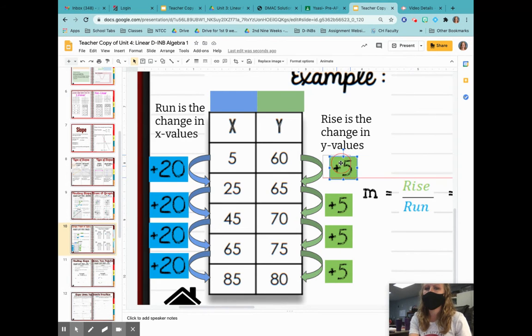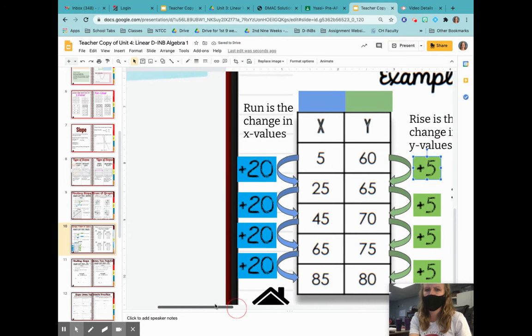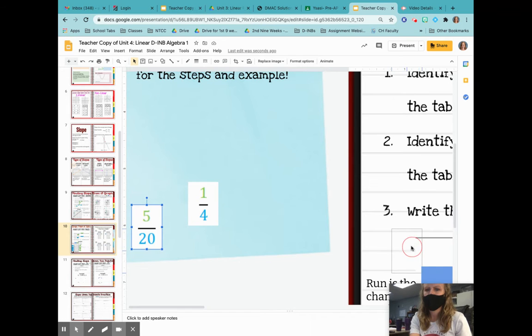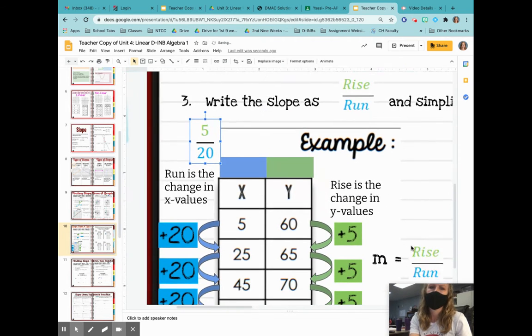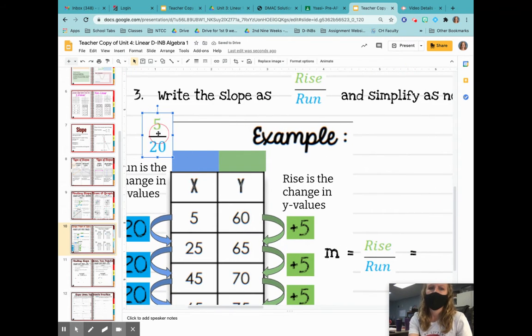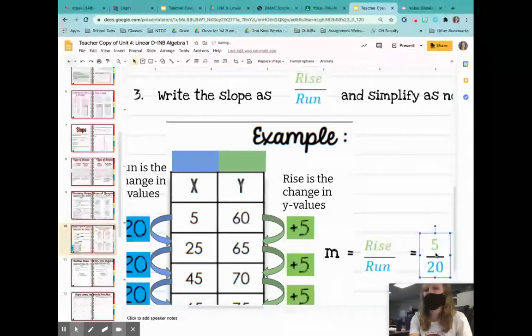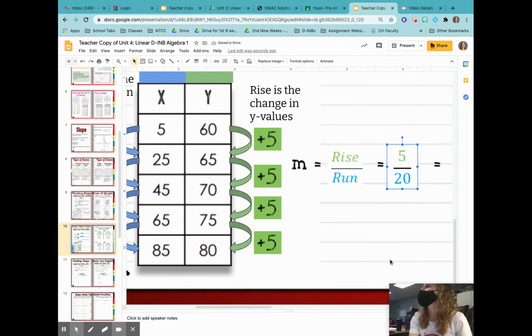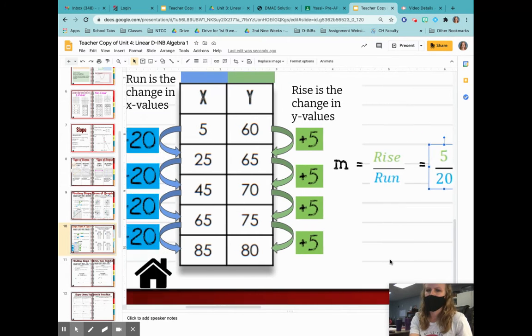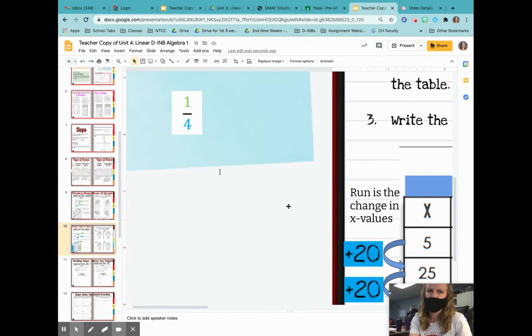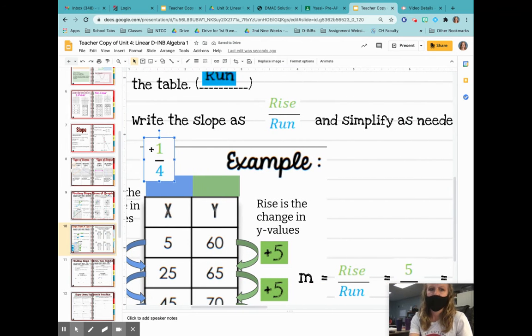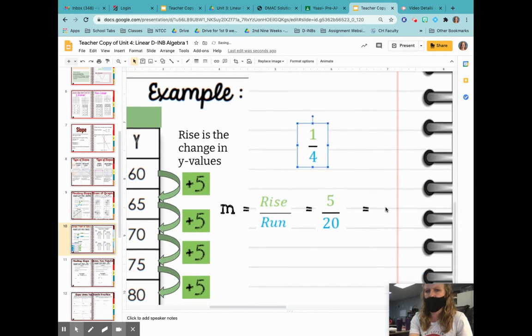Rise 5, and then run 20. Five over 20 is our slope. And then we can reduce that, reduce by 5s, divide by 5 on top and on bottom. And that becomes 1/4.